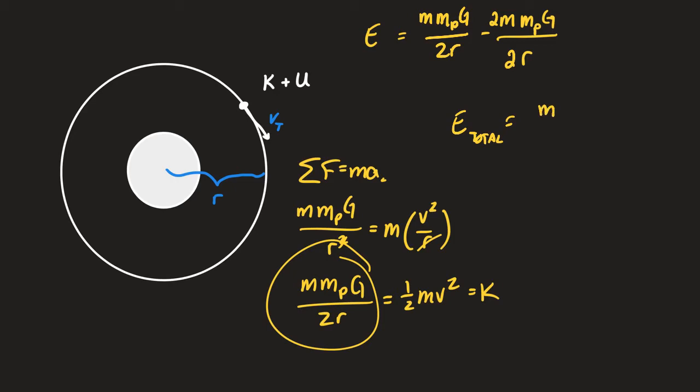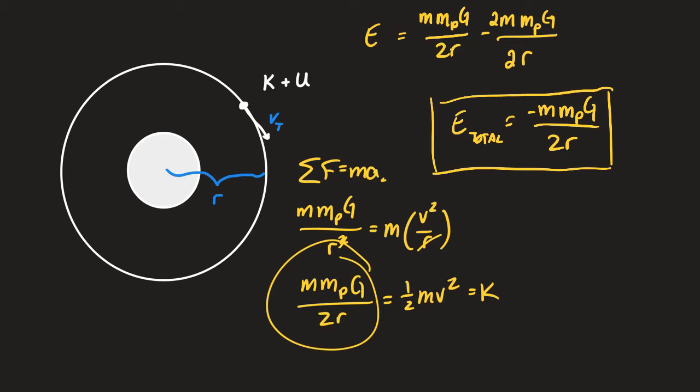I'll get negative m mass of planet G over 2r as the total energy for any circular orbit. Now, these are consequences of applying circular motion to an orbit.